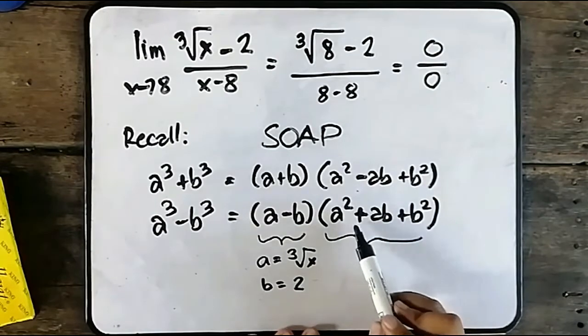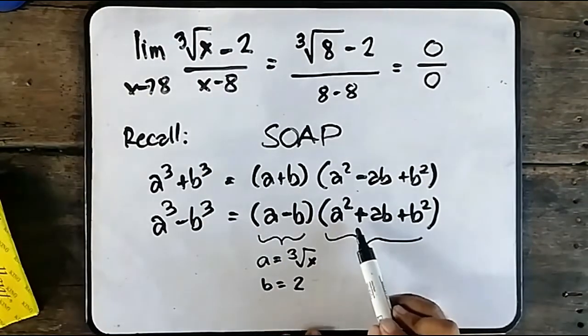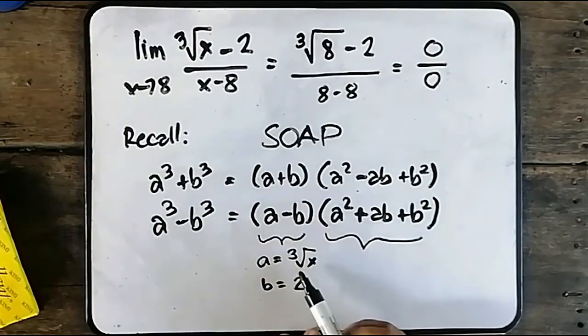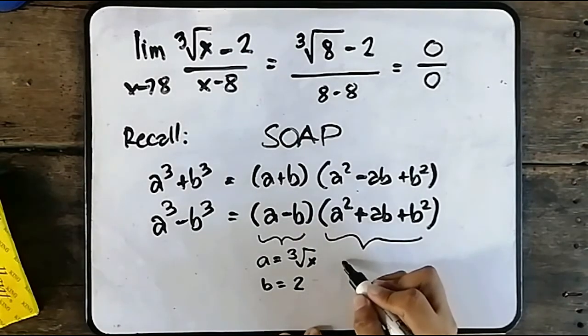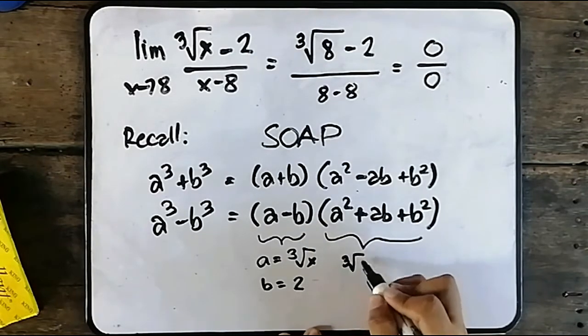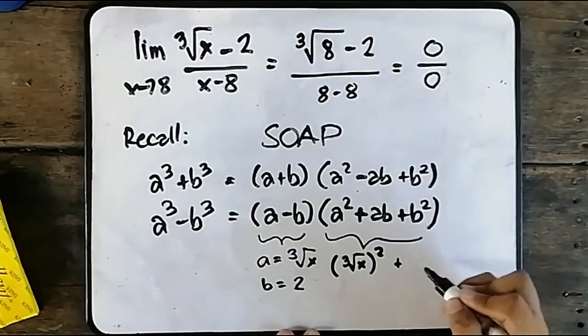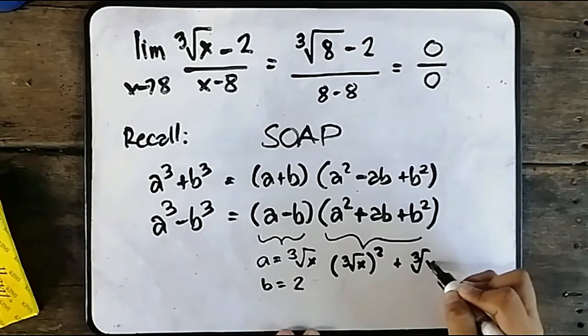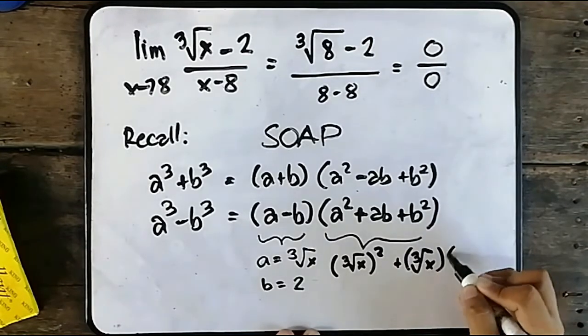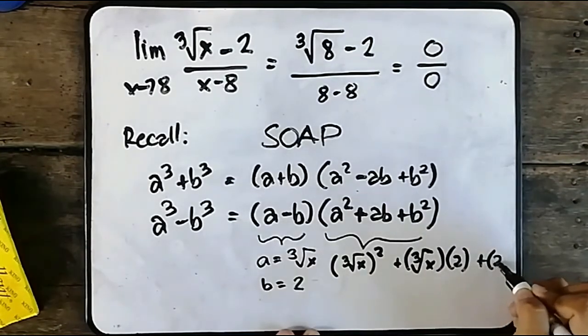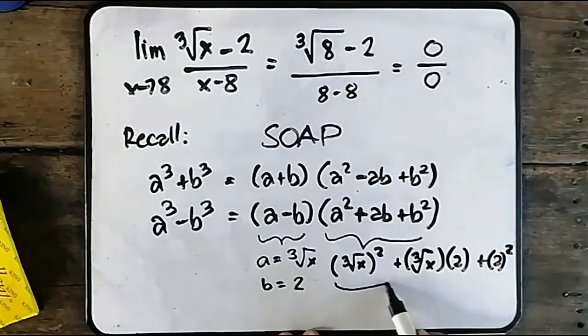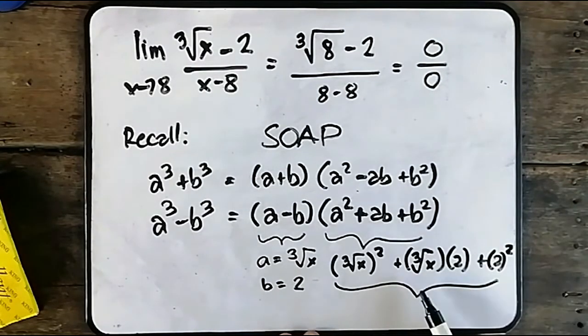So ano nga ba tong form na to using this one? So our a squared is cube root of x squared plus cube root of x times 2 plus 2 squared. So, eto ngayon ang imumultiply natin sa expression natin, okay, sa taas at sa baba, para matanggal natin yung cube root.